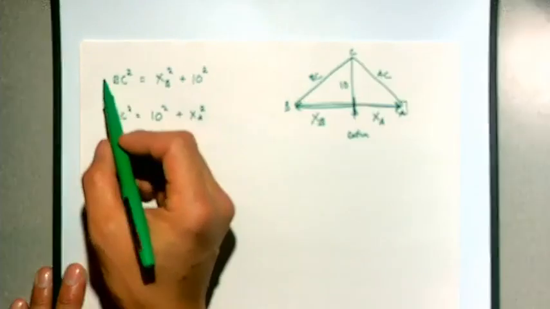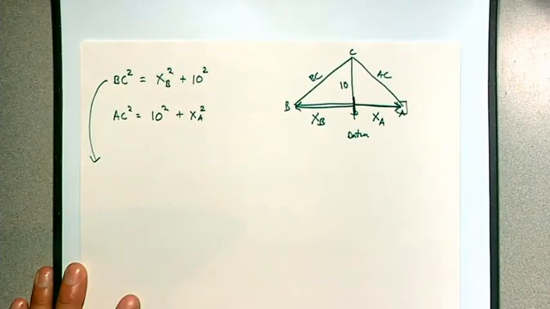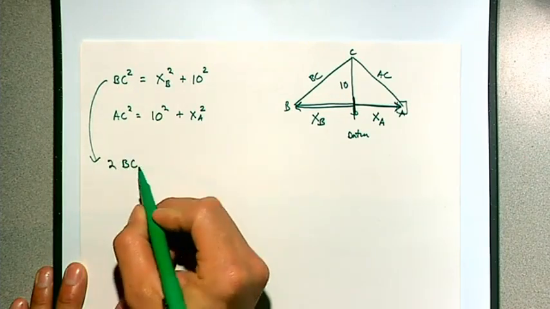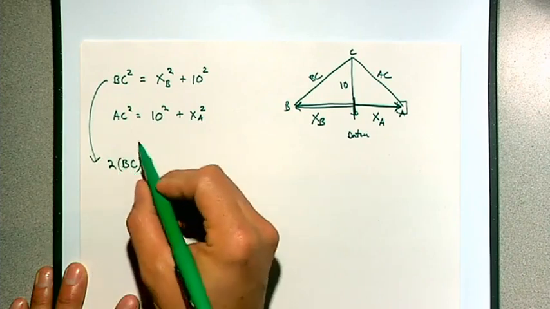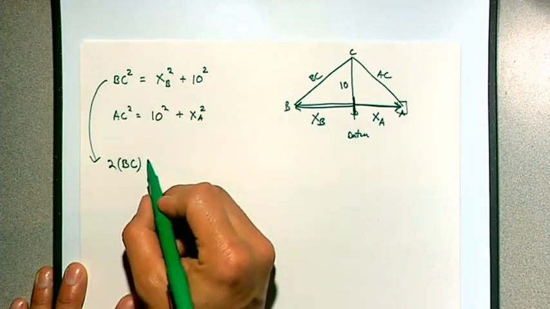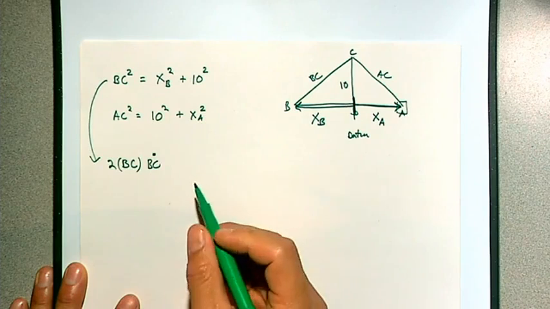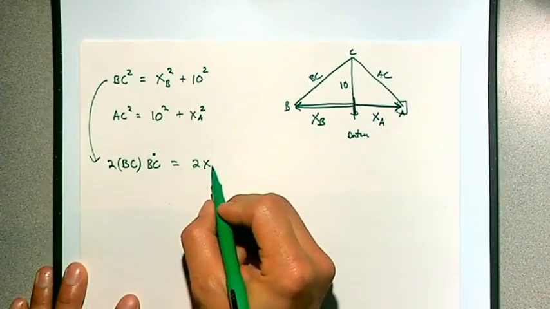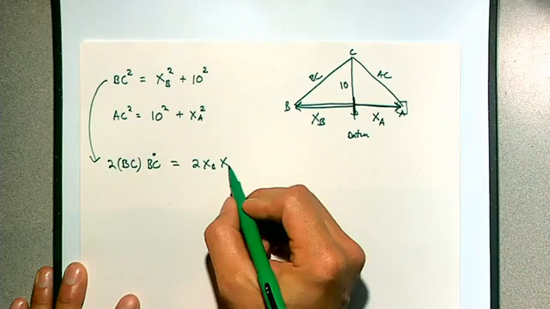So my time derivative of this first one, bring the 2 down, 2BC times its time derivative, BC dot, equal to 2XB times its time derivative, XB dot.